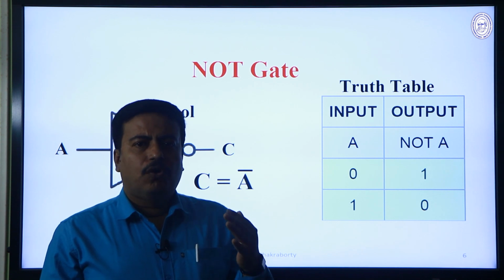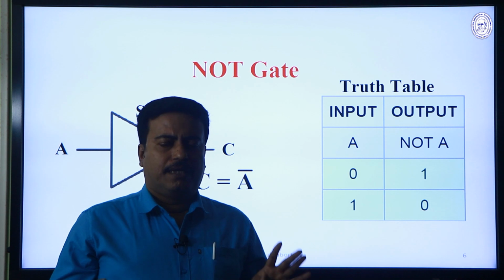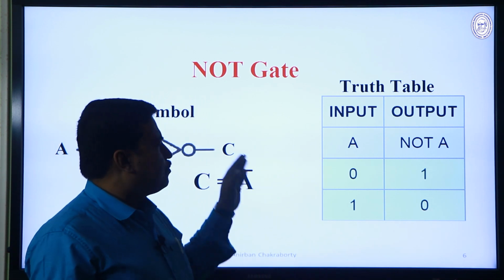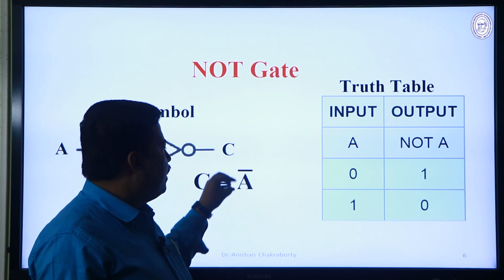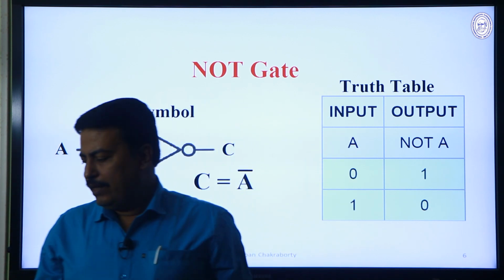So these are known as the basic, fundamental gates, meaning anything can be achieved with the help of these three. We have to keep their notations and truth tables well in mind.